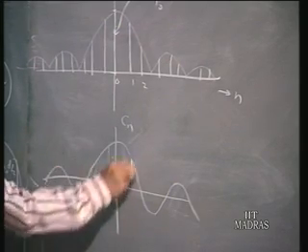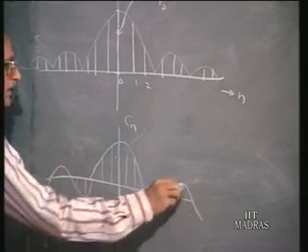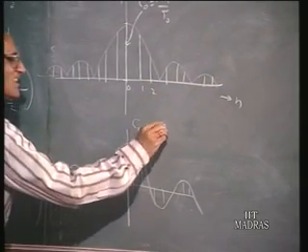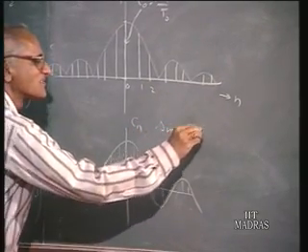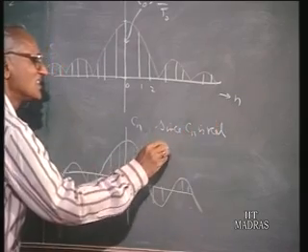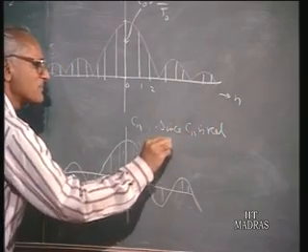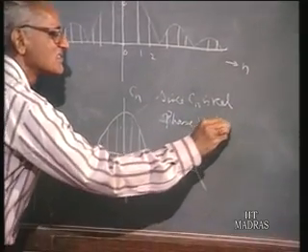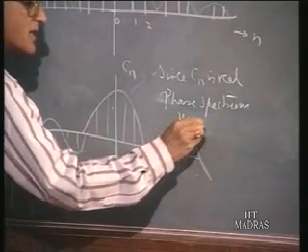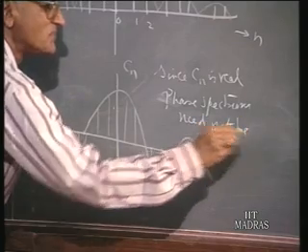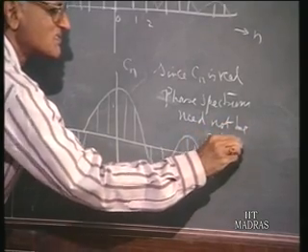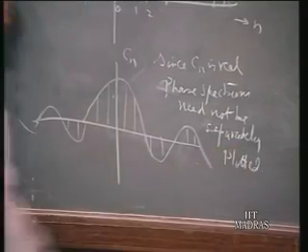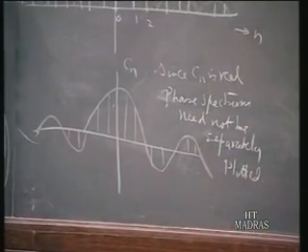So Cn is real, either positive or negative, and that information can be given. Since Cn is real, the phase spectrum need not be separately plotted. So the amplitudes go down in this fashion.